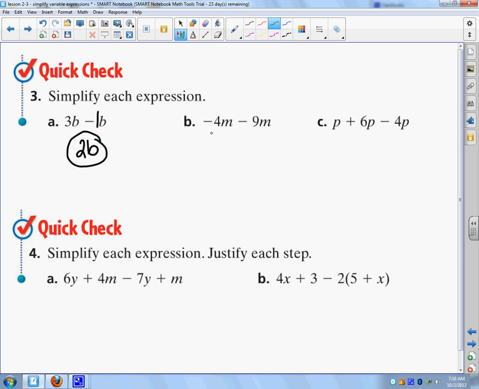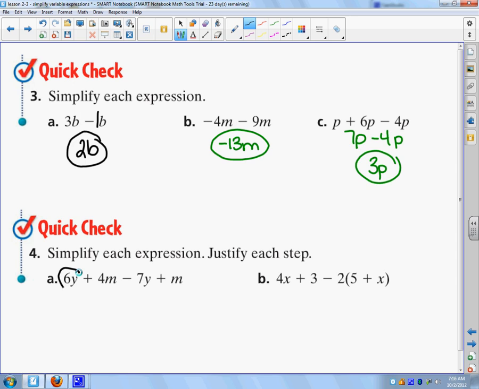All right, letter B is negative 4m minus 9m, which equals negative 13m. C, p plus 6p is 7p, minus 4p is 3p. Next, I have 6y and negative 7y.